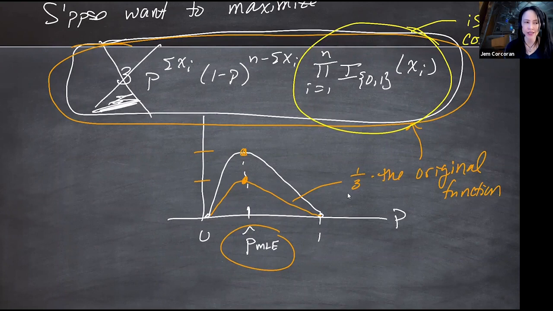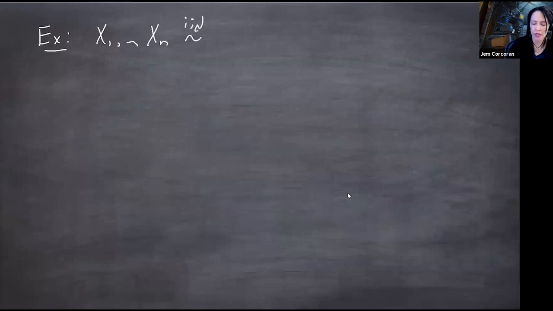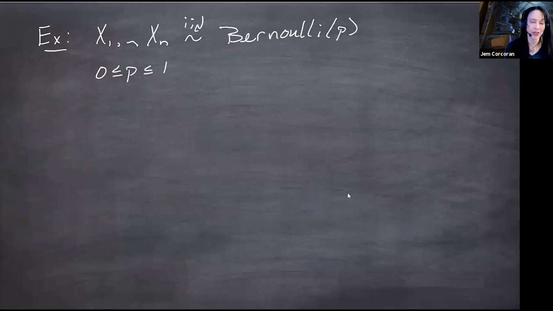So I think I can start the Bernoulli example. And in that example, I want to define some more notation. Okay, so suppose that I have x1 through xn, IID Bernoulli with parameter p, and p is somewhere between 0 and 1. I'm not restricting it.